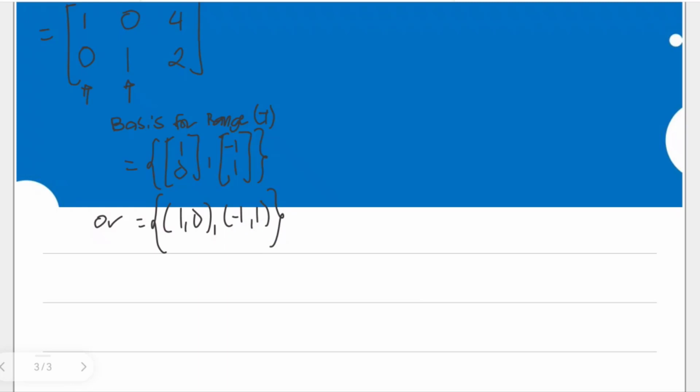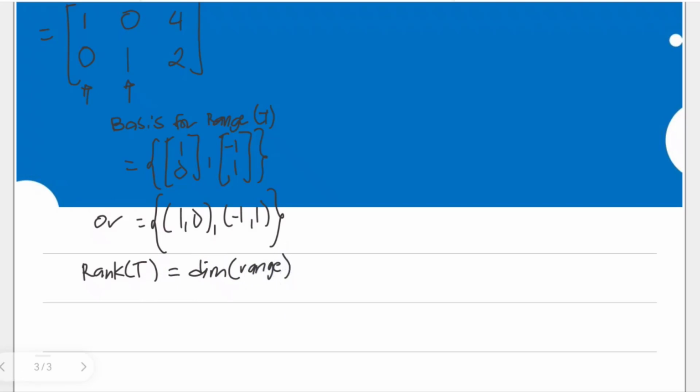By the way, before we proceed to our second matrix, the basis of the range here is just one of the possible bases. This means we could also get another basis using row space. But here we use the column space, and identifying one is already enough. Now that we are done with the basis of the range, we can identify the rank of T, which is equal to the dimension of the basis of your range.